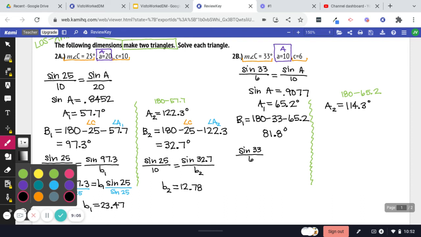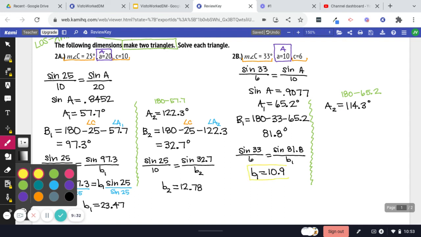That's that orange pair from the very beginning of the question. I just love reusing it. 6 sine 81.8, closing my parentheses, divided by the sine of 33. And B1 is 10.9.